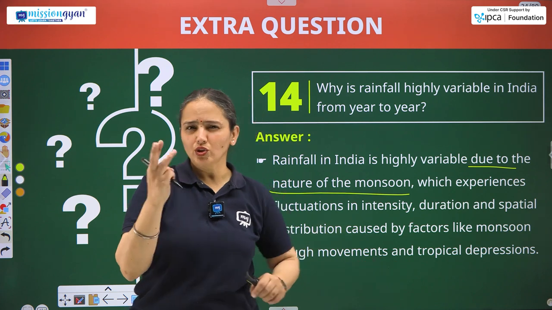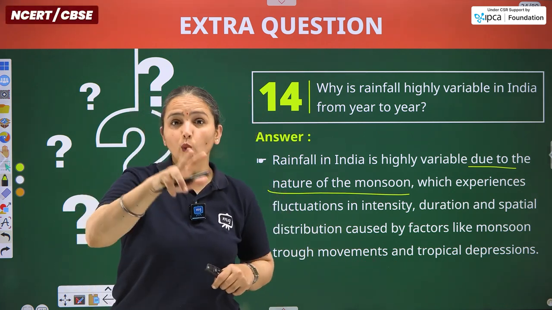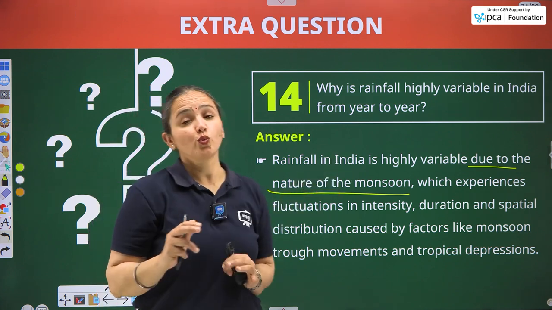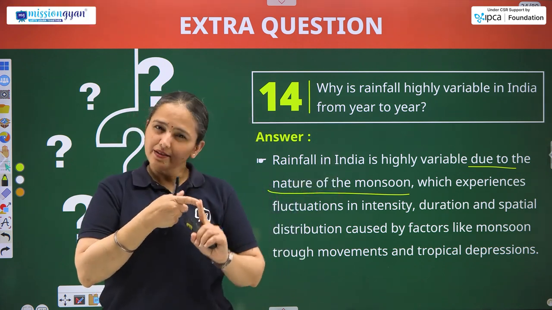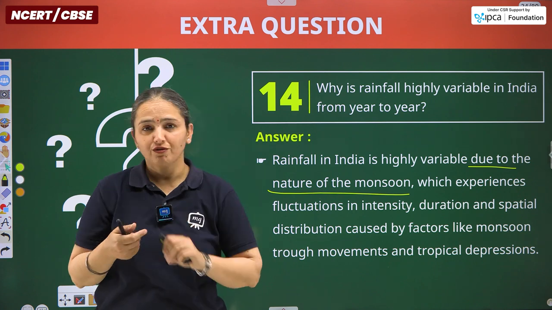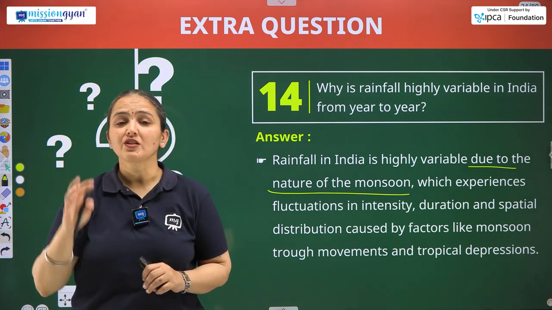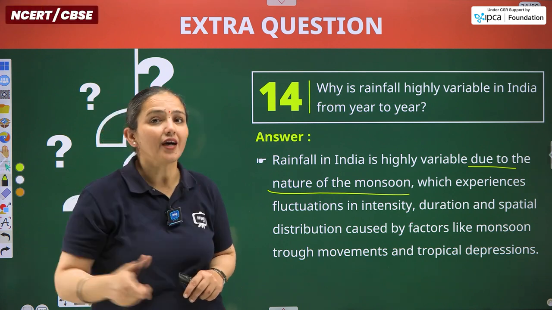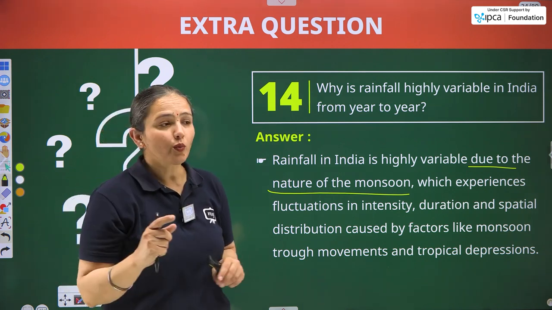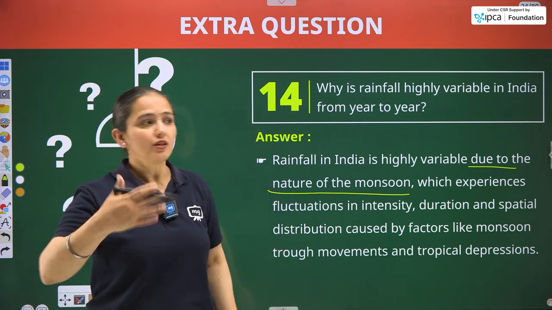Three particular features are involved in the monsoon winds: the intensity of the monsoon, the frequency of the monsoon, and the duration of the monsoon. Due to these three features, the distribution of rainfall changes year to year.